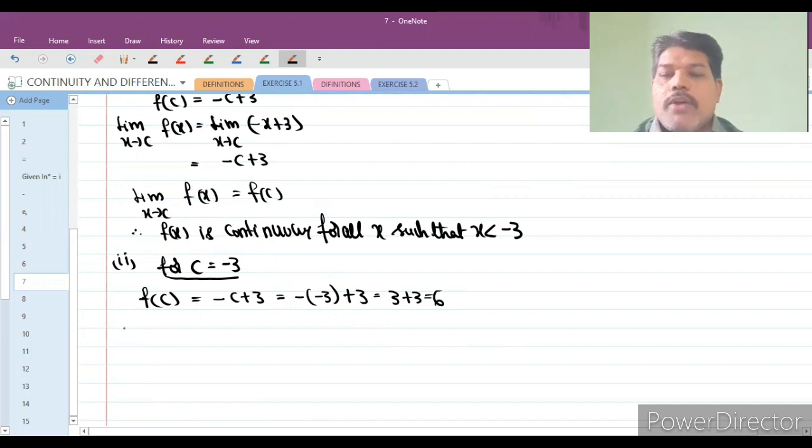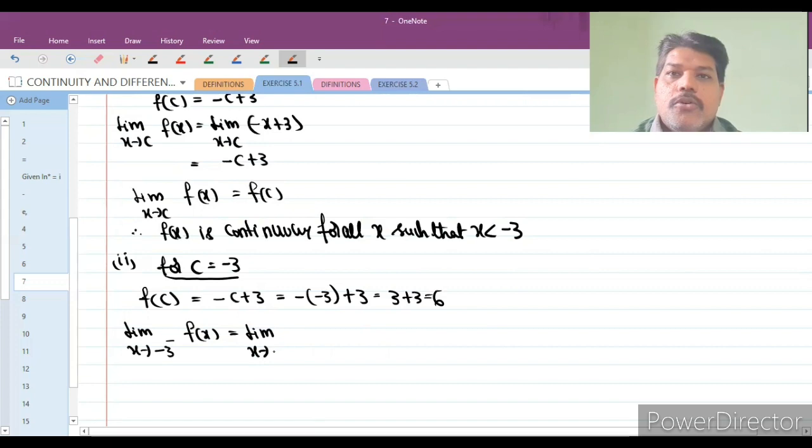So next, what we have to calculate is the limit as x tends to -3 minus, that is the left hand limit, of f(x).